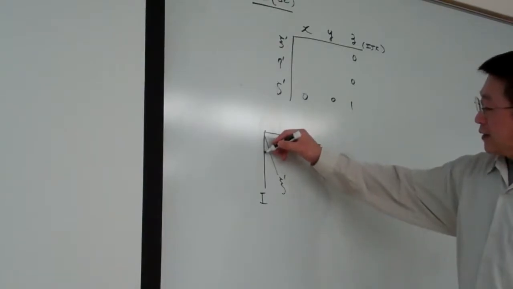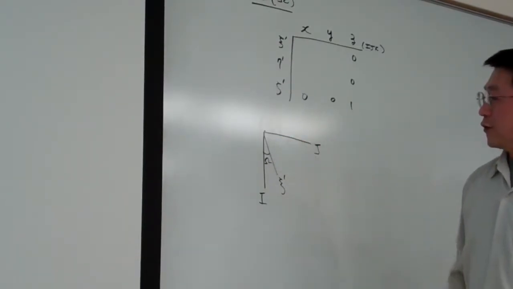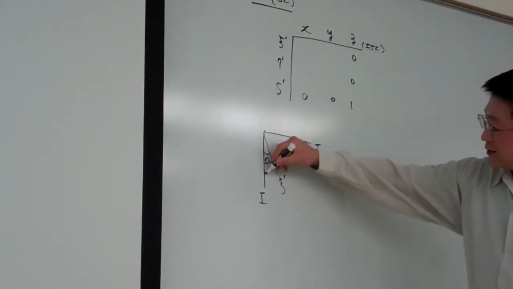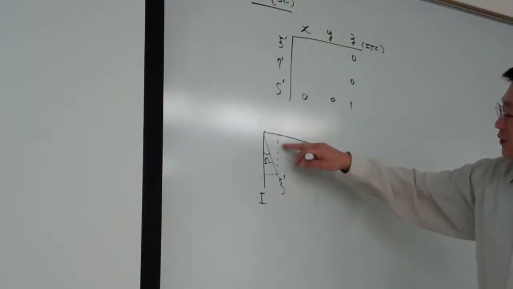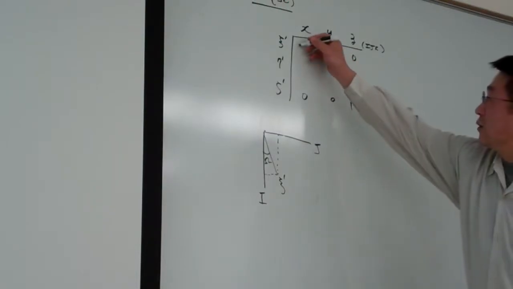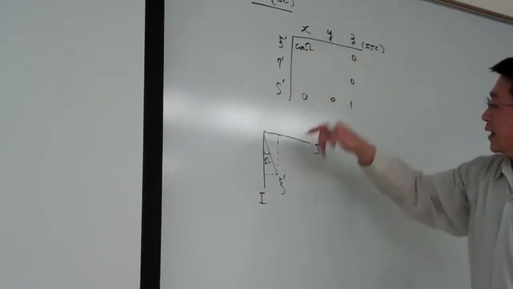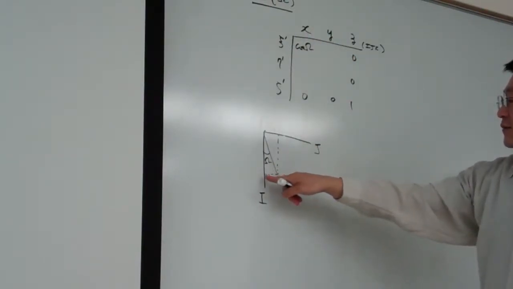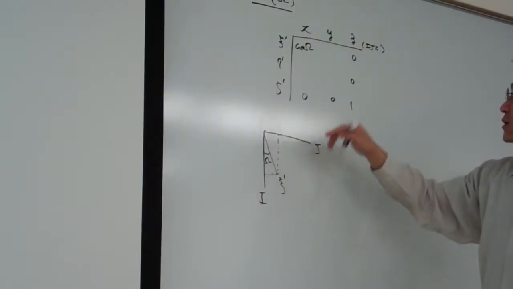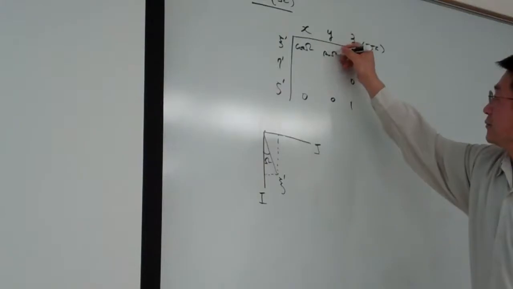This one rotates by angle omega. So you can see we project into 2 components. This one is cosine omega, in the I direction, corresponding to x. And this amount is sine omega, in the z direction.